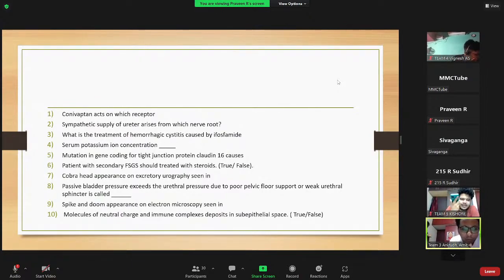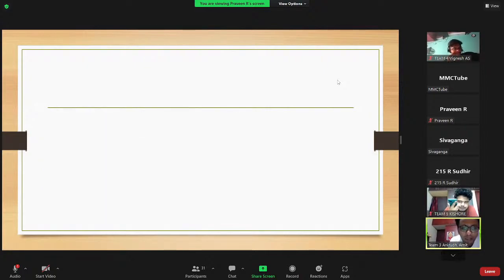Membranous nephropathy. Membranous glomerulonephritis. Question number 10 is true. Sympathetic supply for ureter. Passive bladder pressure exceeds. Claudin 16, familial hypomagnesemia. Time's up.